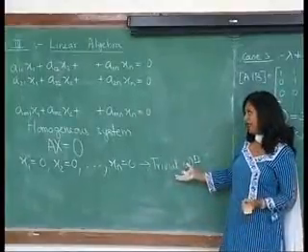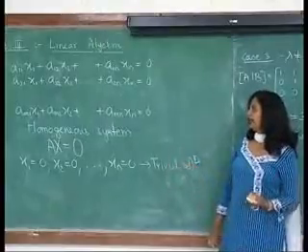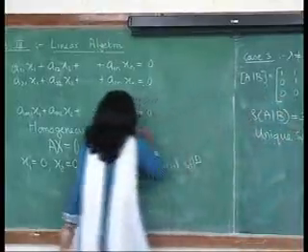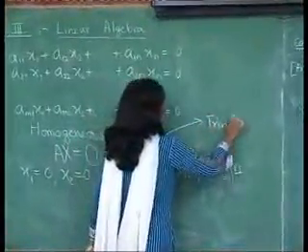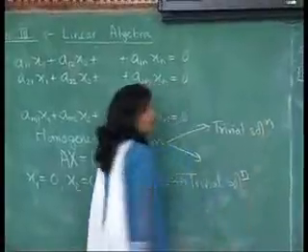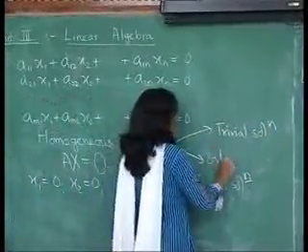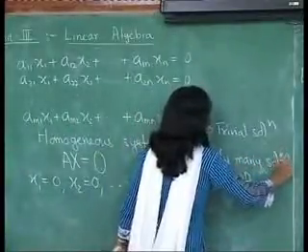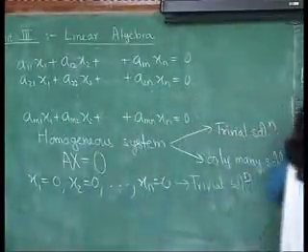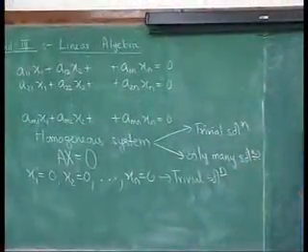Trivial solution will always be there, but in addition to this, it can have infinitely many solutions. So for a homogeneous system, there are only two possibilities. There is only the trivial solution, unique solution case, or there are infinitely many solutions. The method, of course, for solving a homogeneous system remains the same.